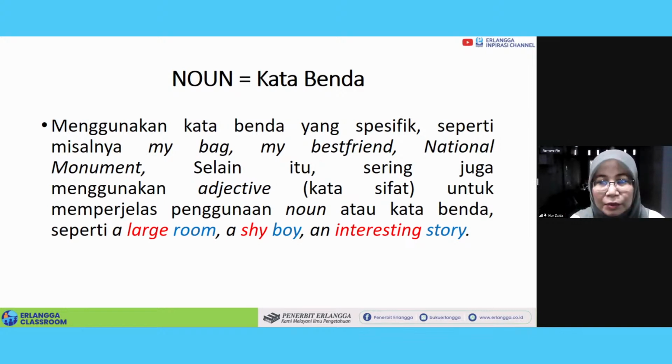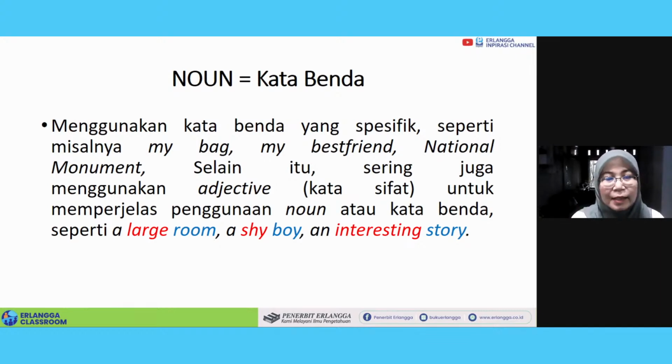Terus and then you also use the adjective atau kata sifat. Kata sifat ini untuk memperjelas kata benda ya. For example, you want to say that the room, your classroom is large. You can say that a large room.